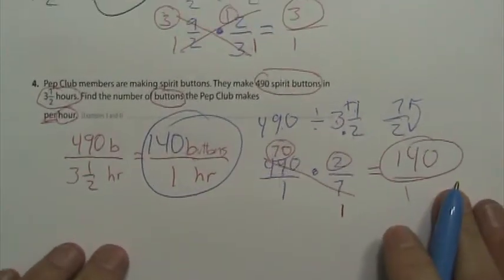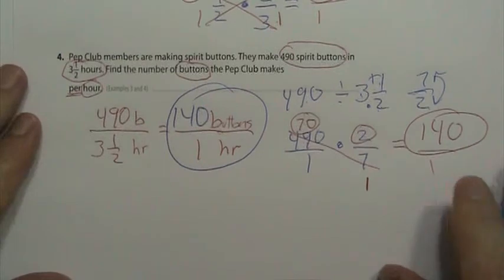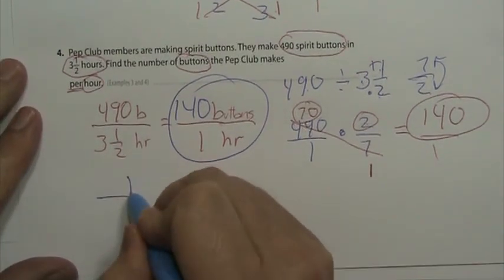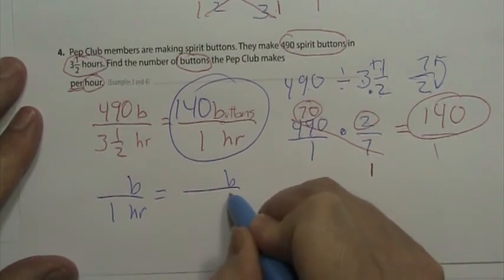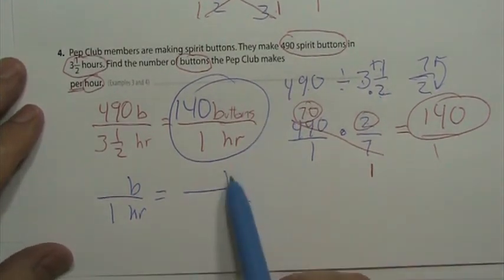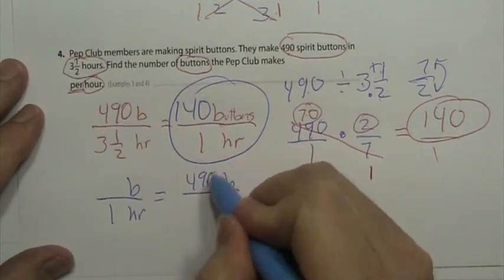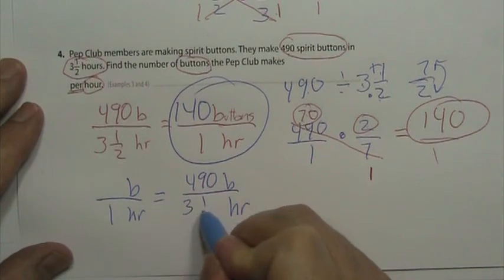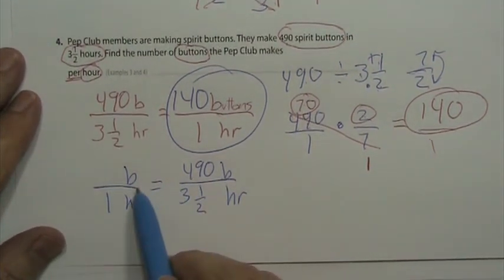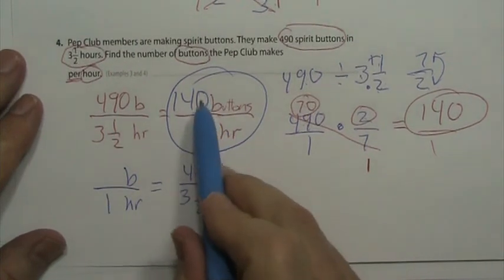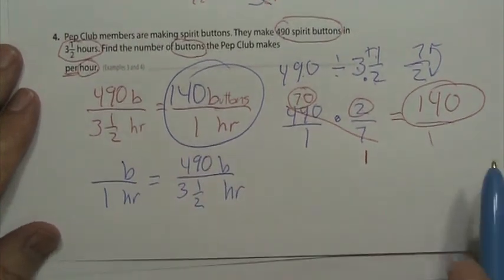Same thing on this one. So if you look at what they're asking for, buttons per hour, if you want to, start off by saying buttons per 1 hour. And then you look at the information you have. You have 490 buttons, 3.5 hours. Okay, so you could do this, write it this way, and then figure out your answer. It doesn't matter if it's over here, it's over here. It's just sometimes it's easier for people to see this. Your choice.